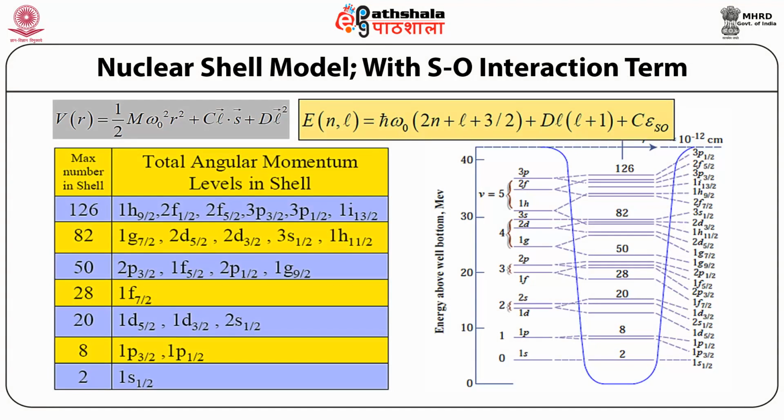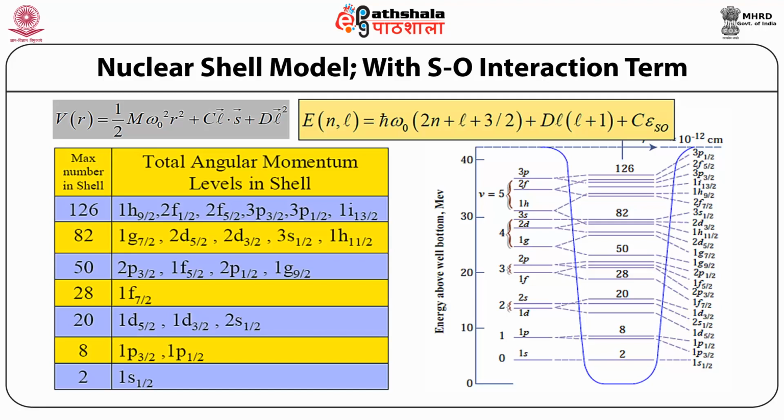Now in this slide, we are going to discuss the overall impact of spin-orbit interaction on the nuclear potential. When we add this spin-orbit interaction to the nuclear interaction, the net potential is equal to half m omega 0 squared r squared, which is the harmonic oscillator potential, plus C L dot S, where L dot S is the spin-orbit interaction potential, plus D L squared. So the resultant nuclear potential consists of three terms.